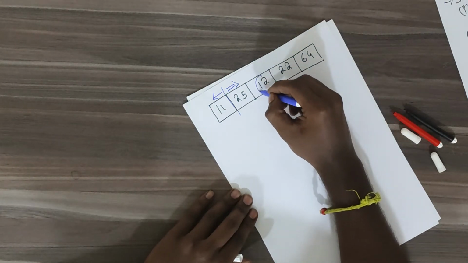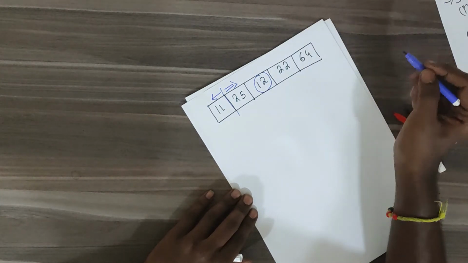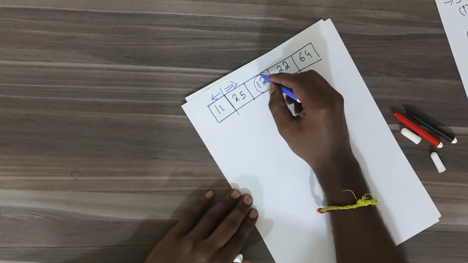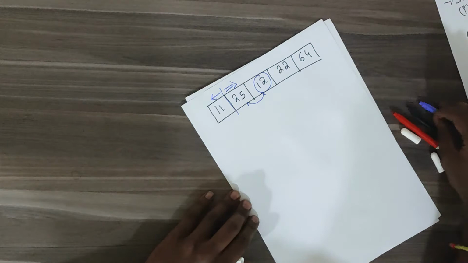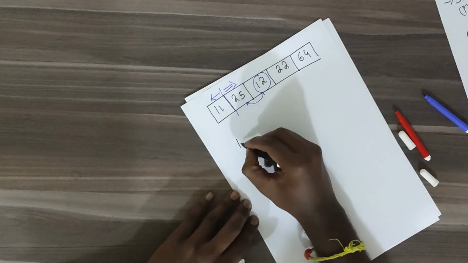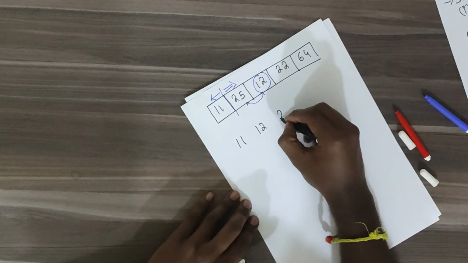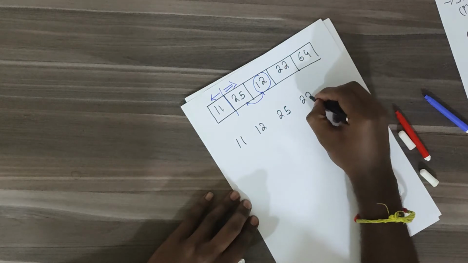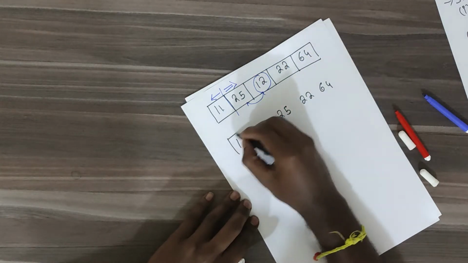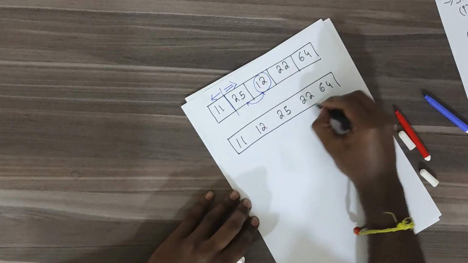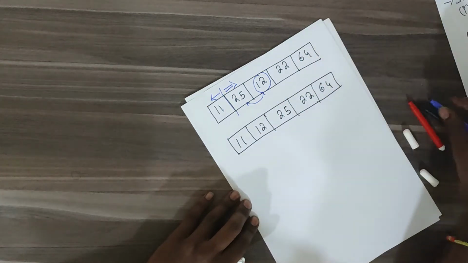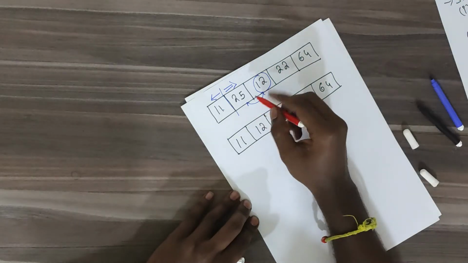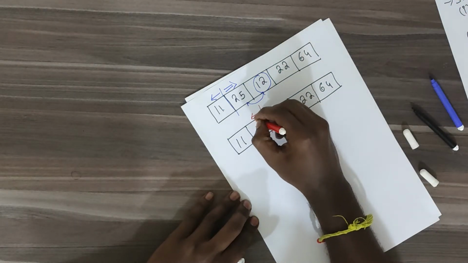Here the smallest element is this. Then we have to swap the smallest element with the first element of this part of the array. On swapping we get 11, 12, 25, 22 and 64. This would be the array after the second iteration, meaning these two positions are now sorted.